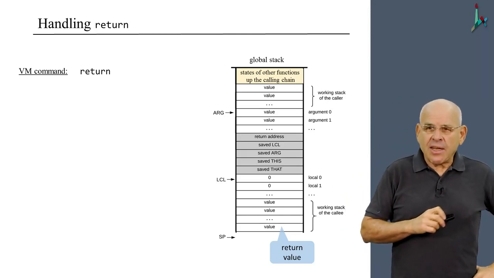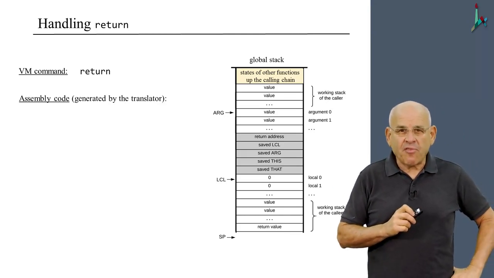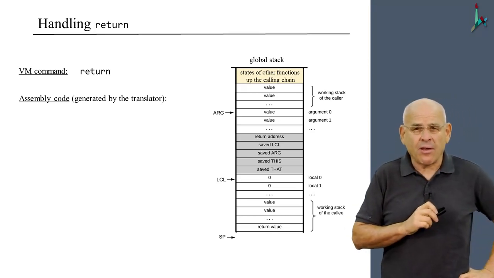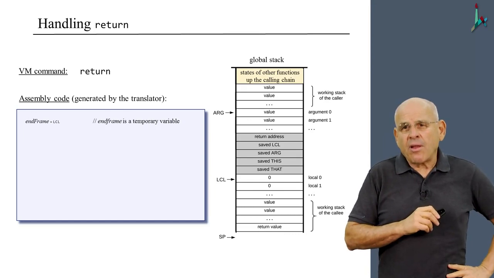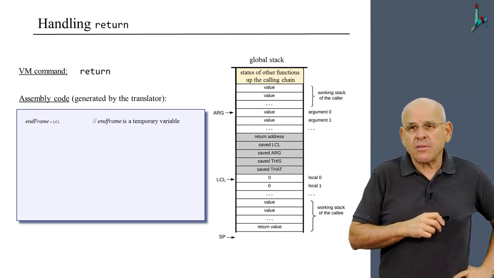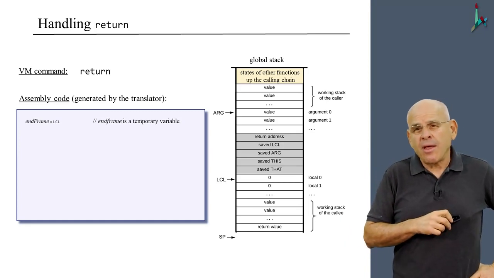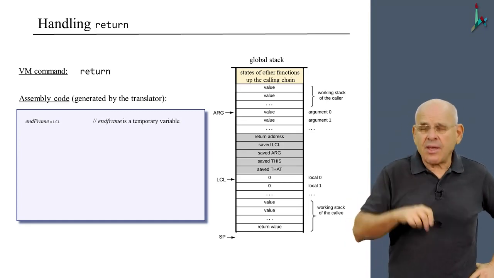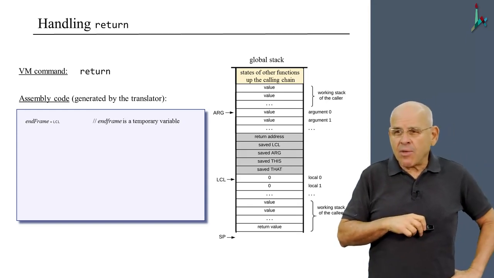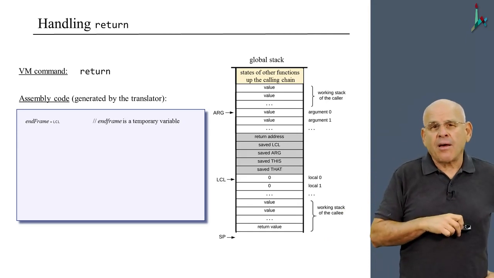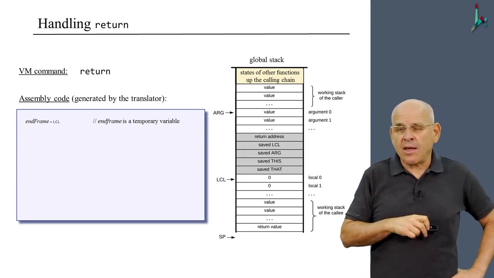So the next thing that I have to do is as follows. This is a little bit involved, but it's really not terribly complicated. First of all, I'm going to create a temporary variable, which I call end frame, and I'm going to assign the value of LCL to it. If you look at the stack diagram, you will see that end frame indeed points at the end of the frame in the host RAM.